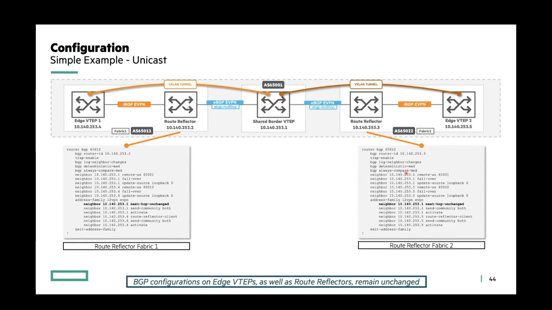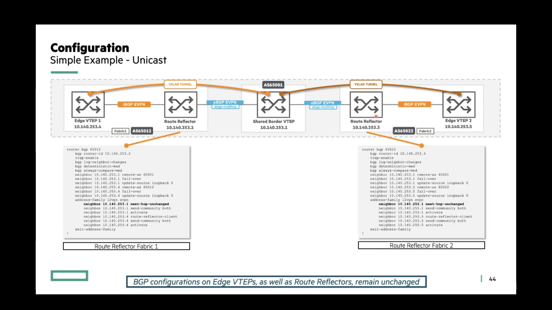Let's see now a simple example and the related configuration. On that slide, we can see one access VTEP on each side in different fabrics and a shared border, as well as route reflectors. The pure BGP configuration on the edge VTEPs as well as on the route reflectors of each fabric remains totally unchanged and as defined in the shared border TOI, which came with AOS-CX 10.13.